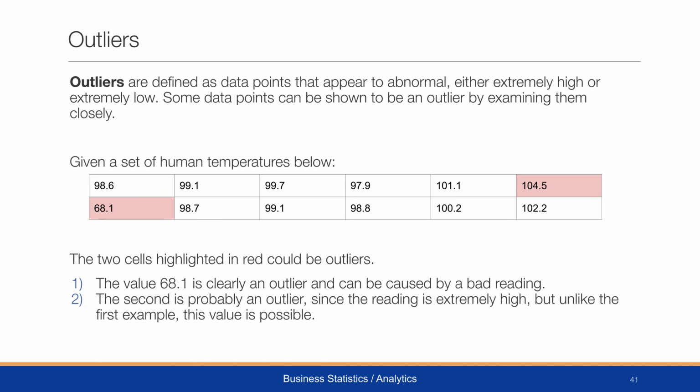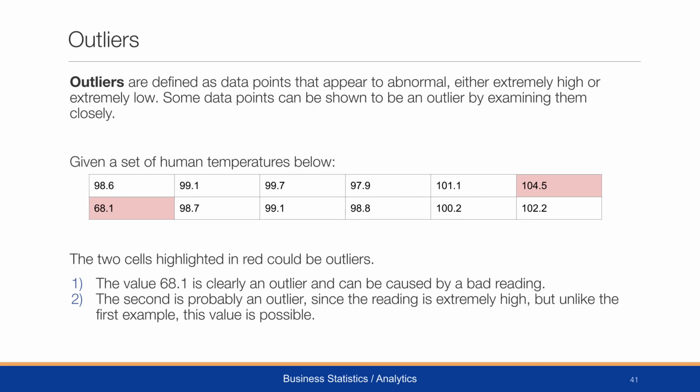The key here is outliers. Outliers are defined as data points that appear to be abnormal, and these will occur by the tails. Some of the data points can be shown to be an outlier by just examining them closely. Given a set of human temperatures, for example, we can see that 104.5 and 68.1 are probably outliers.